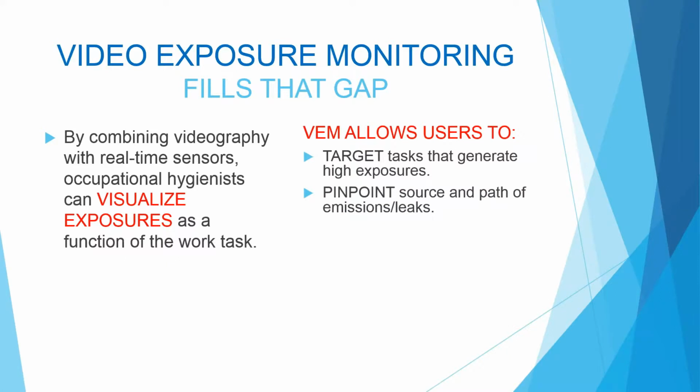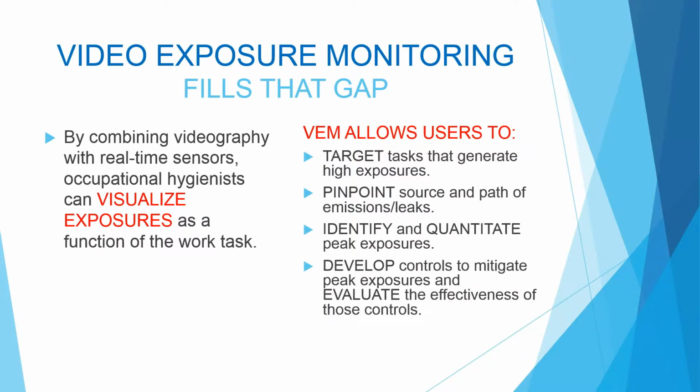They can pinpoint the source and path of emissions and leaks. They can identify and quantify peak exposures, develop effective controls to mitigate exposures, and then, of course, evaluate the effectiveness of those controls. So a lot of good outcomes from the VEM technology.